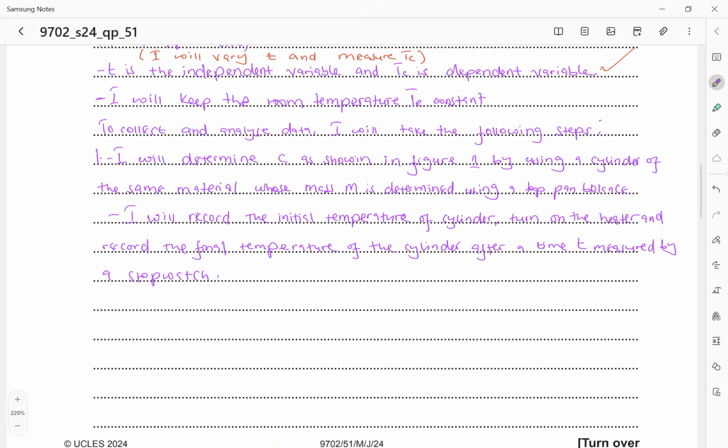Then how am I going to find the specific capacity? Remember, I'm still on step 1 of determining the specific capacity.